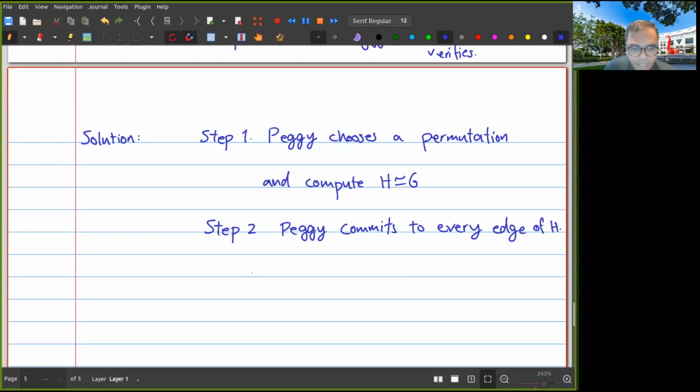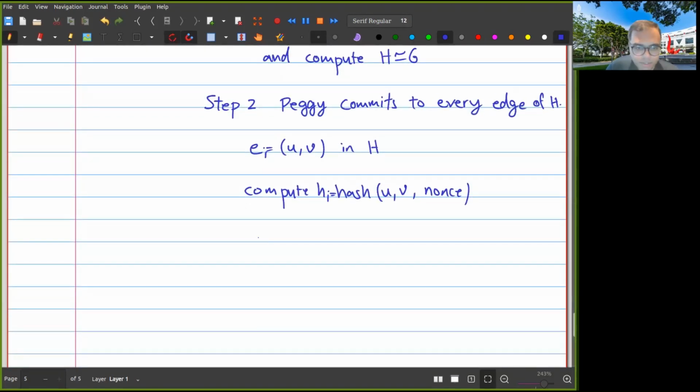This means that if I have an edge e, which is from vertex u to vertex v in H, then I just compute the hash of u, v, and a nonce. And let's say this was my i-th edge. So I call this h_i and publish h_i. And by publish, I just mean give it to Victor.